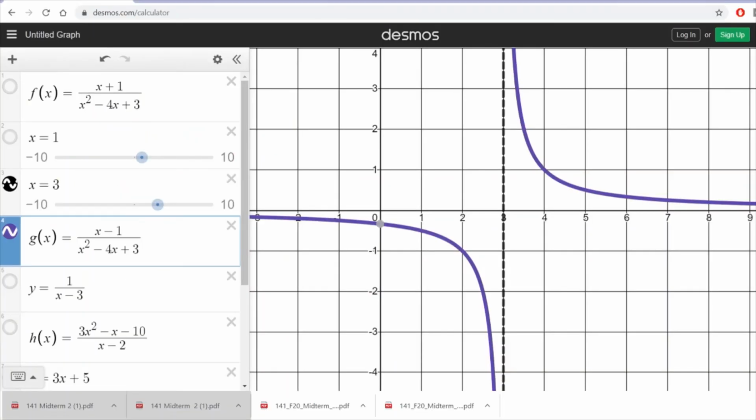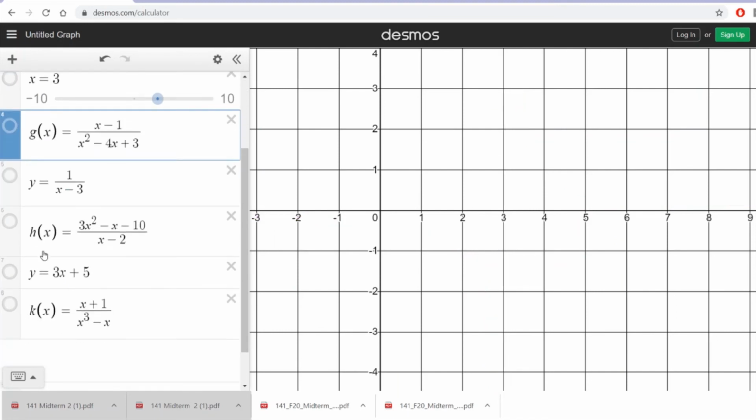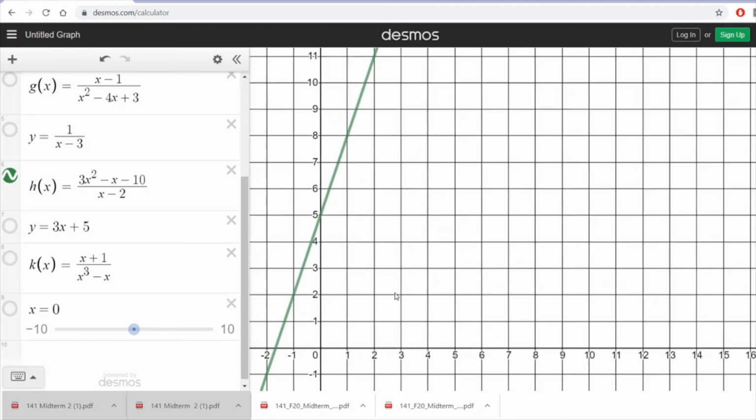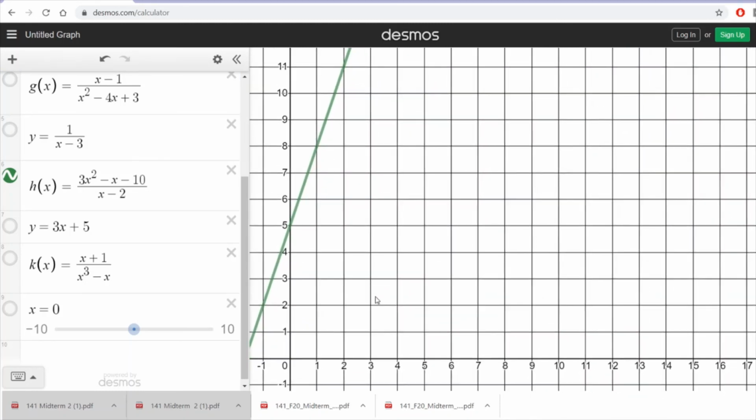So let's check out this graph. So it's this one. So like I said, it looks just like a line, which is maybe a little bit surprising. You see this kind of crazy looking function and it comes out just looking like a line. The reason that it comes out looking like a line is because we saw that it can be simplified, right?